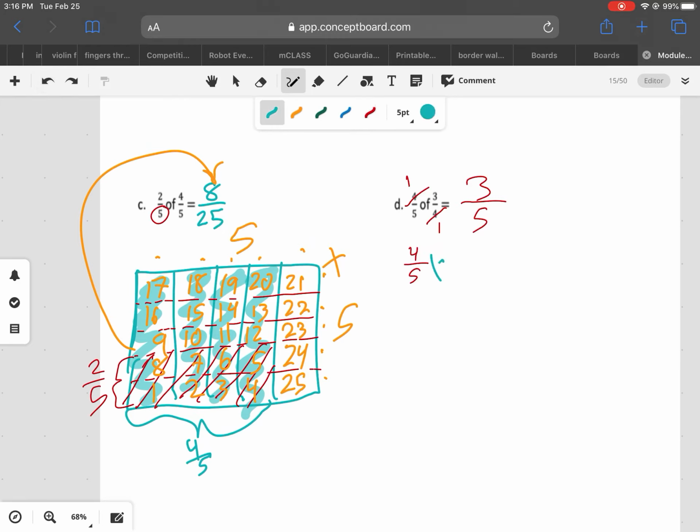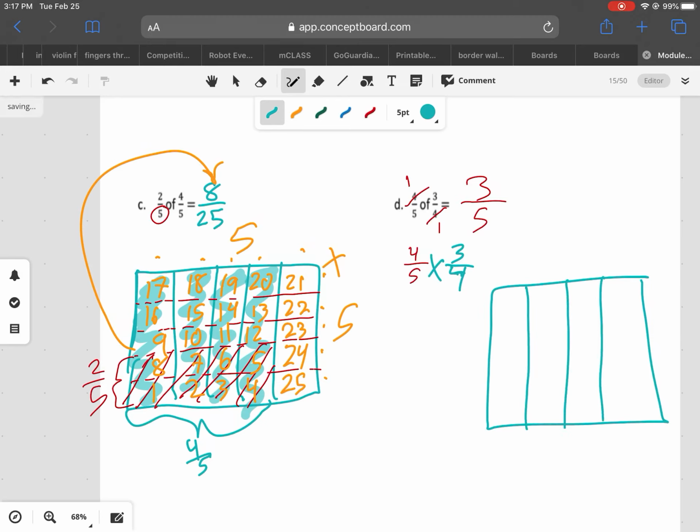4/5 times 3/4. Let me change the color on that one. So I'm going to draw my 4ths. I'm going to shade in 3 of them.